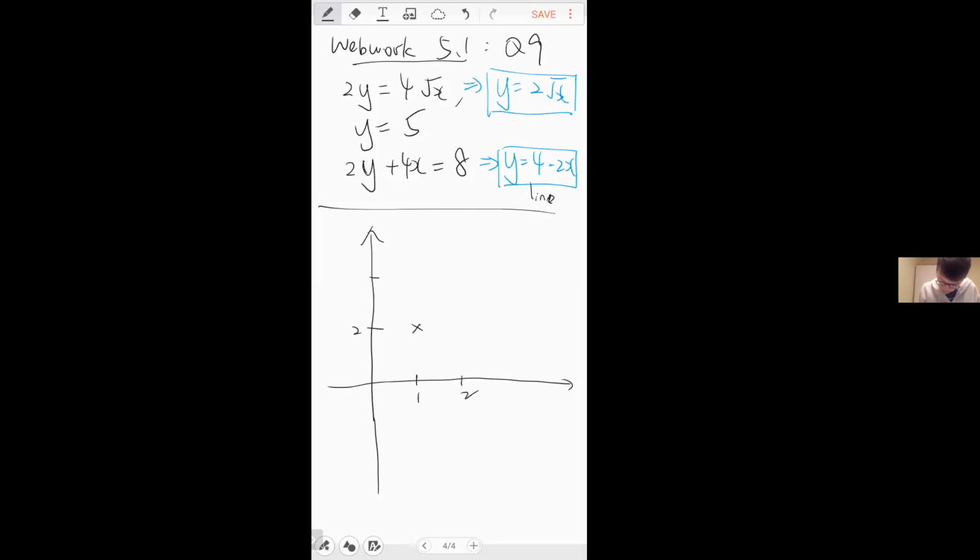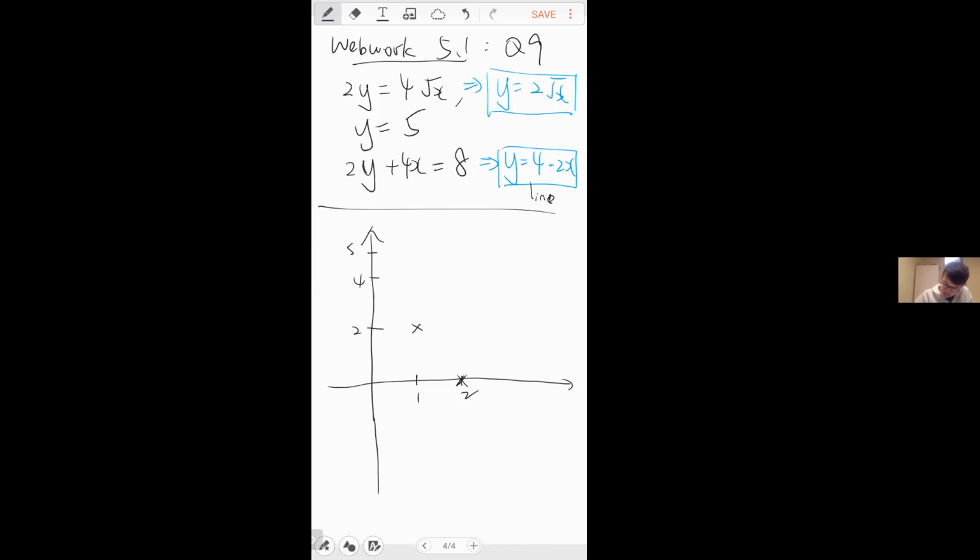Well, 2 should be 0, right? So when x equals 2, y should be 0. No, the whole question is, once you draw the graph, find out the area between the two curves.